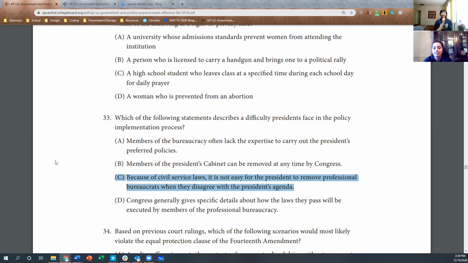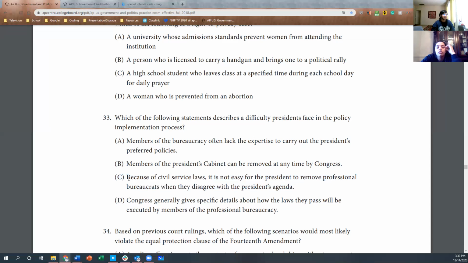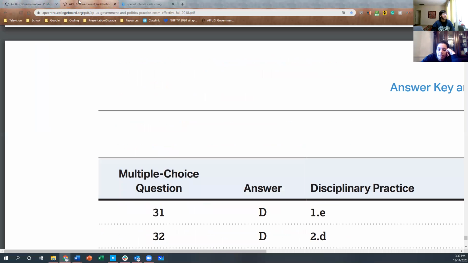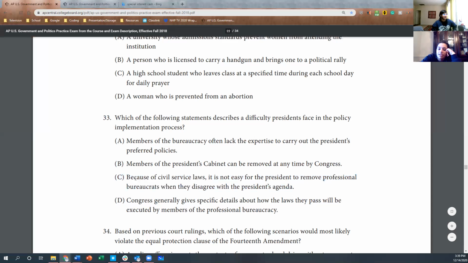They would have to be impeached and tried. So I think it's C. Basically, presidents can't always carry out their agenda because if they disagree with someone, they can't fire them.